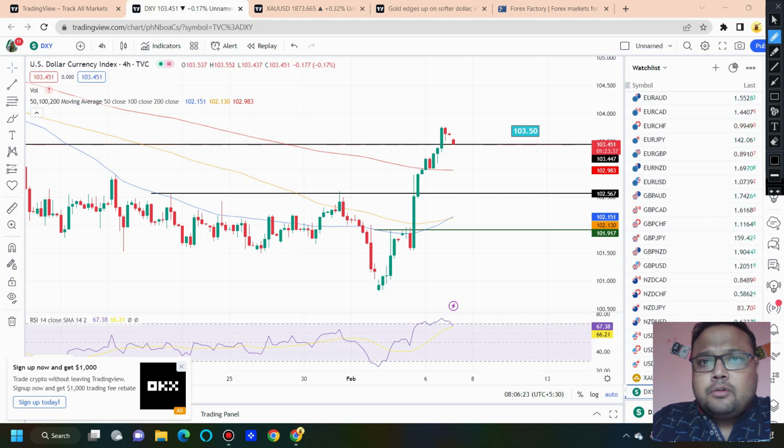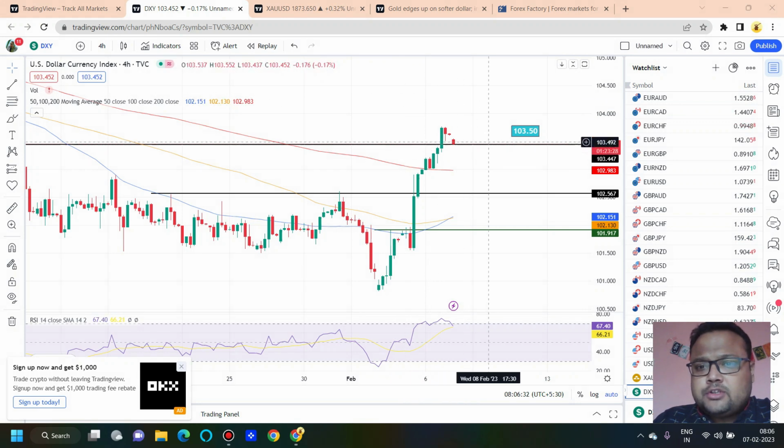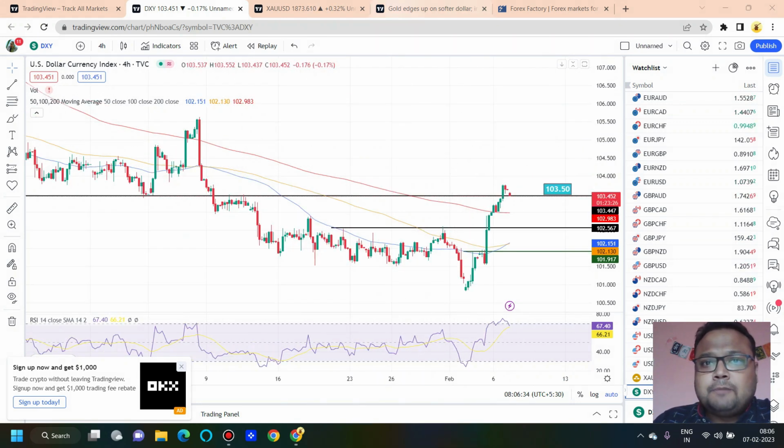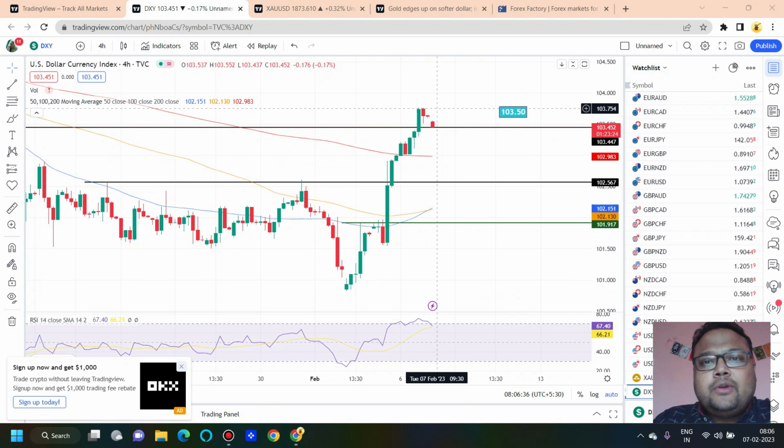Hopefully, the same moving average will now act as a support. If DXY comes back and bounces, we can look for some support around the 200 moving average. Overall, DXY is bullish right now. Though we are seeing some red candles, we can consider these red candles as just a form of pullback.